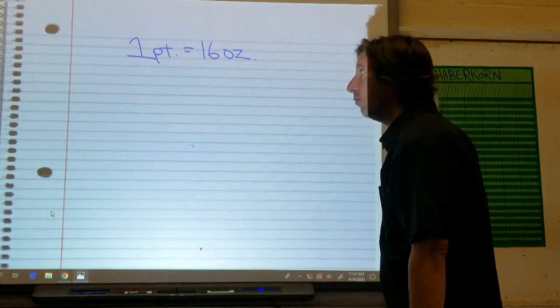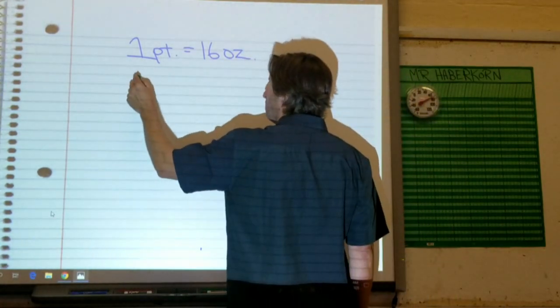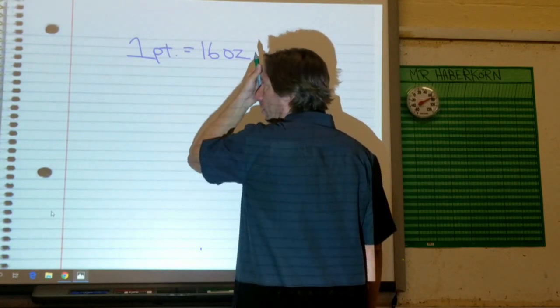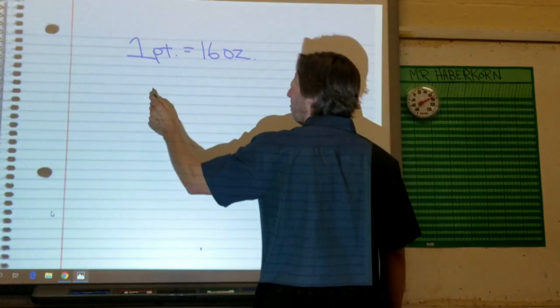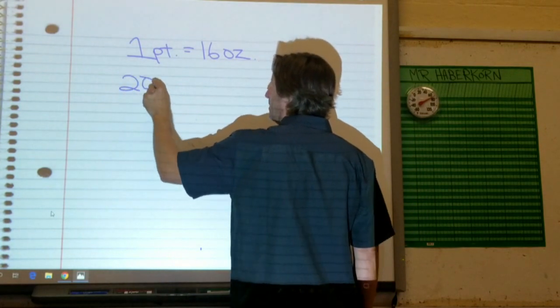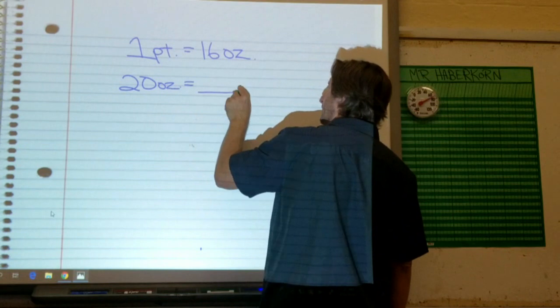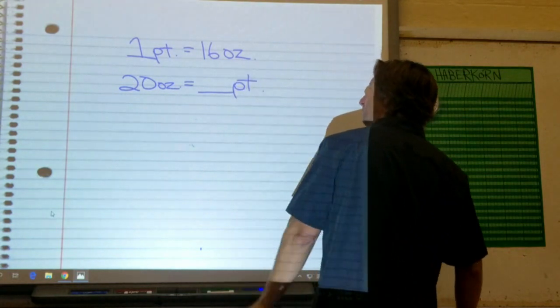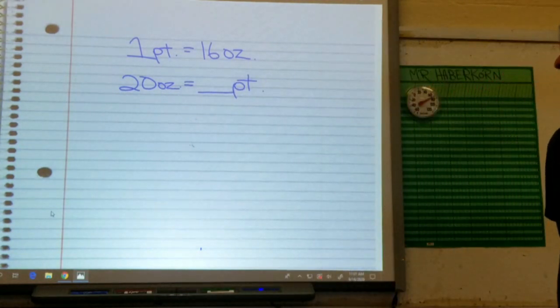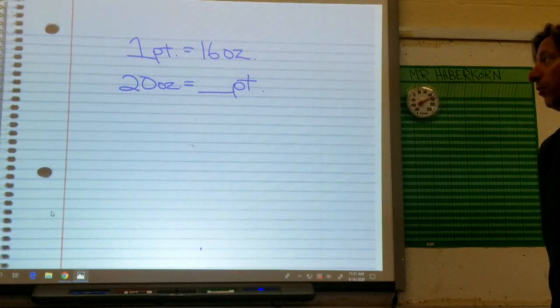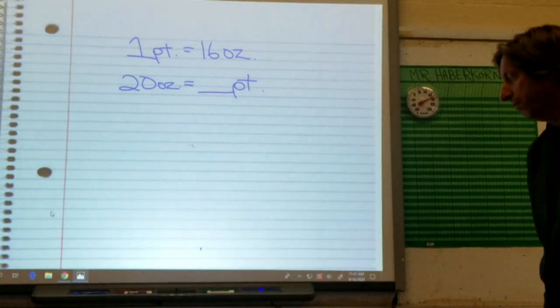And I want to know what we'll say 20 ounces equals how many pints? Now this one we can't figure out in our head because the answer is a decimal. But we can figure it out using a proportion, okay?